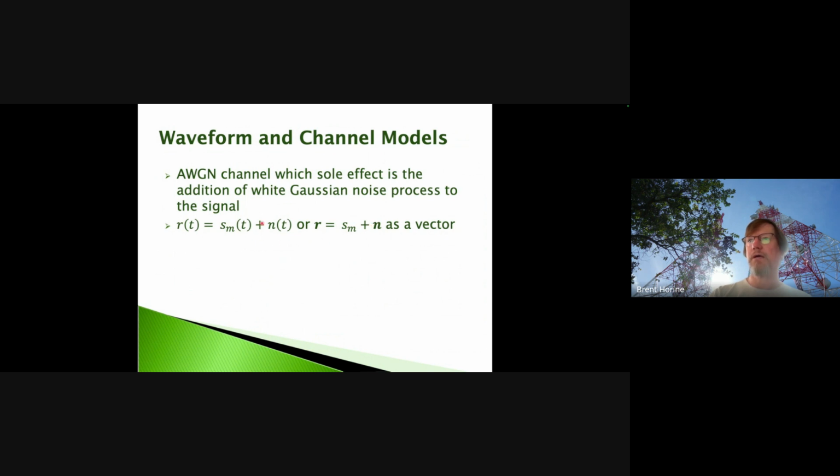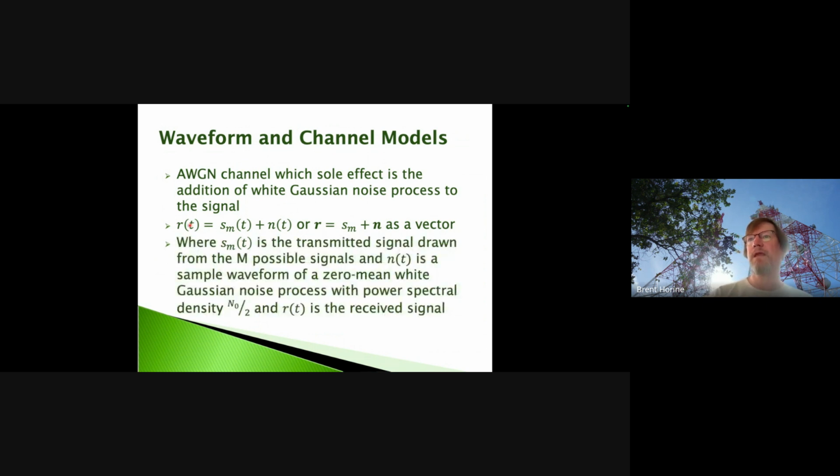We are absorbing the time nature within a pulse into this basis function. Here s_m(t) is the transmitted signal drawn from the M possible signals, and n(t) is a sample waveform of a zero mean white Gaussian noise process.